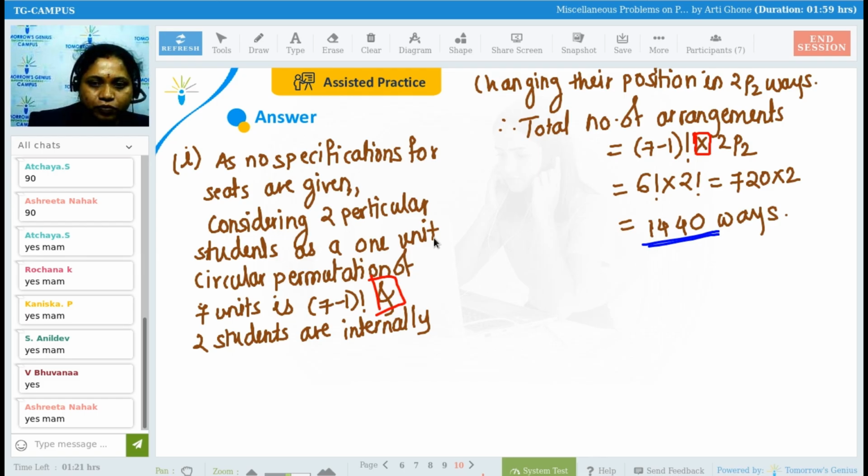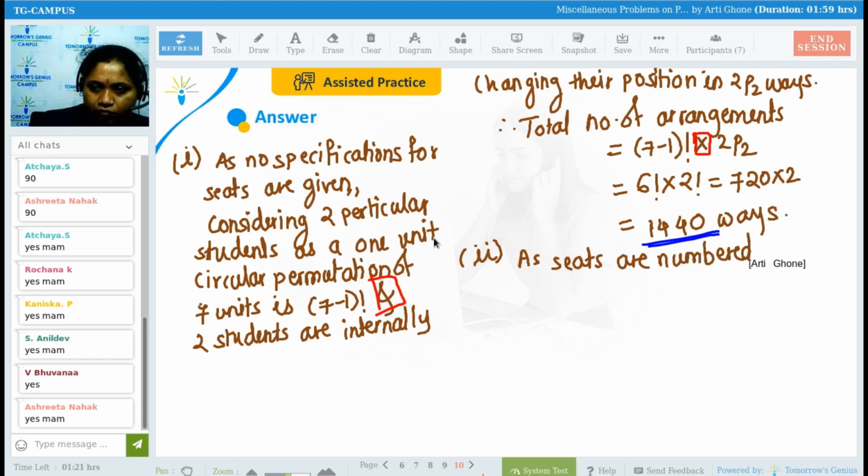Like this, for the second part, what will we write? As seats are numbered, the arrangement is simply linear.